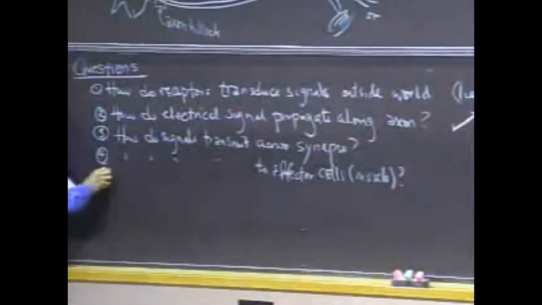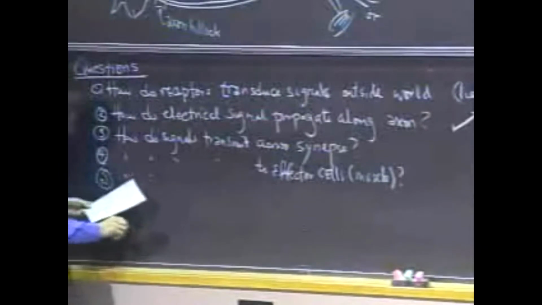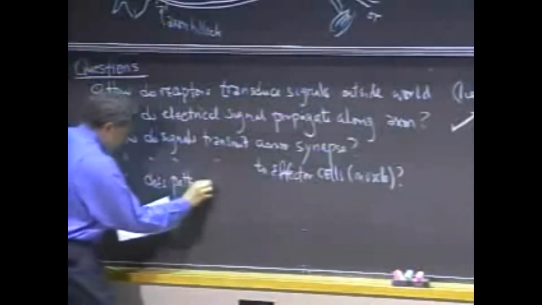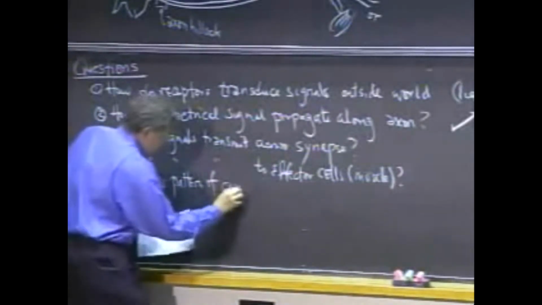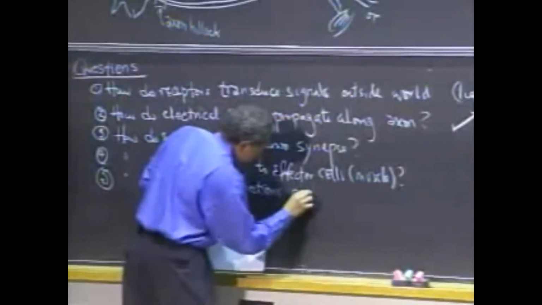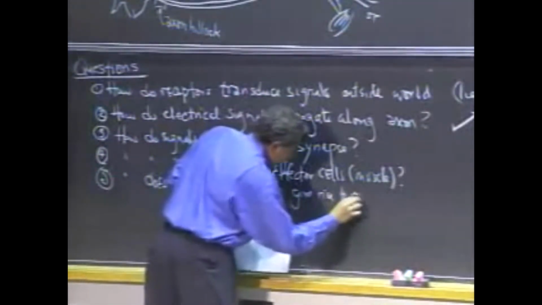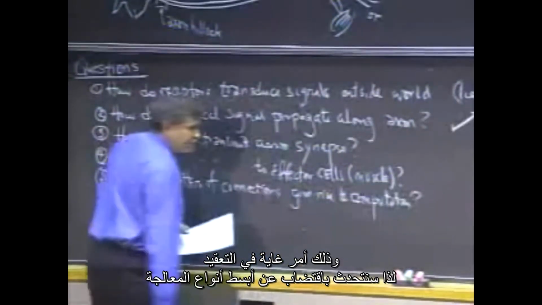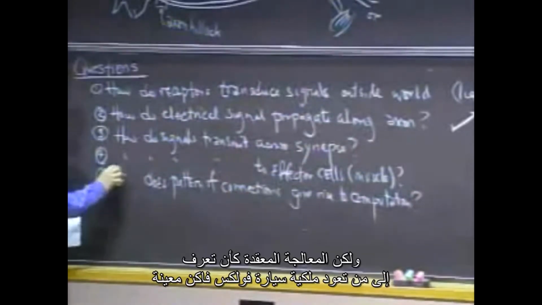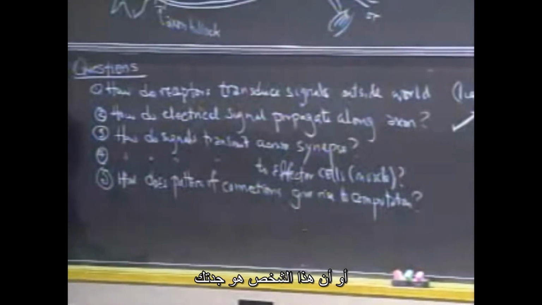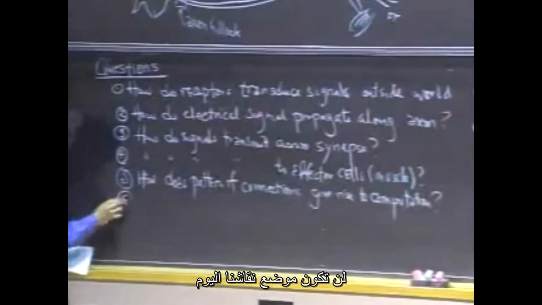Then, how does the pattern of connections give rise to a computation? That's pretty tricky. We'll talk just a teeny little bit about the simplest kind of computation, but the complex computations of recognizing that that's somebody's Volkswagen or that that's your grandmother or something are still beyond us today, but we know things in between that.